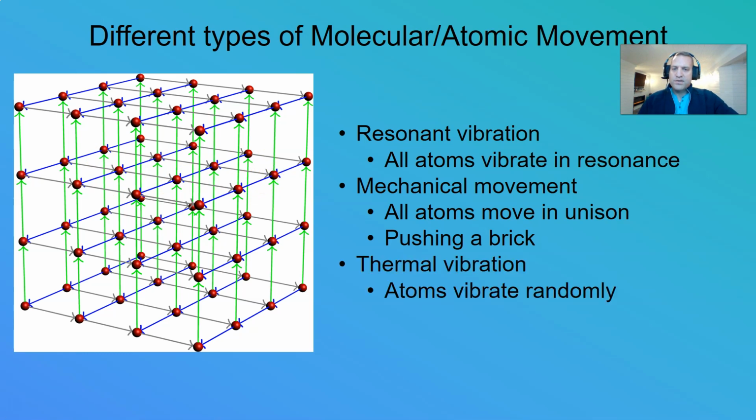Another example that we are very interested in here is thermal vibration. In thermal vibration, these atoms are all vibrating, but they're all vibrating effectively randomly with respect to each other. It's not truly random in the philosophical sense in that they have no cause and effect. Certainly, the vibration of any one of these atoms affects all of the atoms beside it, and there are cause and effect relationships with all of those movements going on. But it is so complicated that it is effectively random.